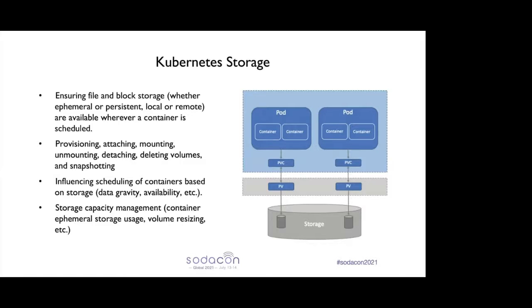This includes managing the lifecycle of the volumes used by the pods, looking at how to influence the scheduling decisions based on topology and capacity, and managing storage capacity, providing the ability to expand volume if a volume runs low in space, etc.